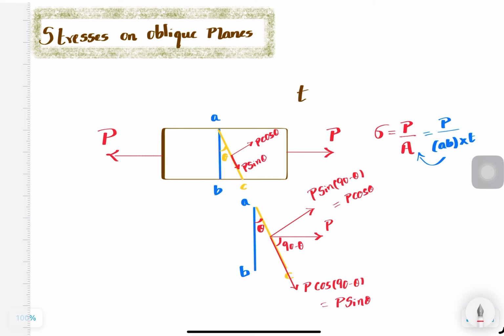It is quite obvious that the force acting perpendicular to the yellow plane should cause a normal stress with respect to the inclined plane, and the force acting tangential to the yellow plane, P sin theta, should cause shear stress along the yellow line, right?